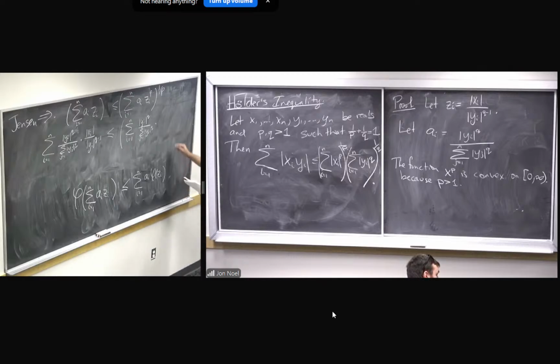Okay, now, to be q minus 1 times p. So this is my zi to the p, and this is my ai.